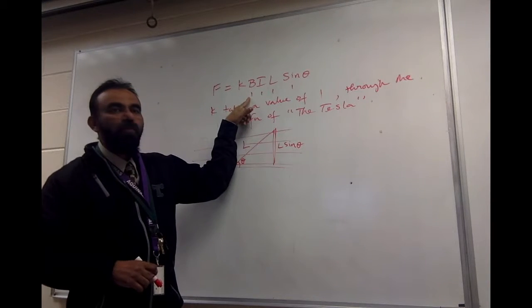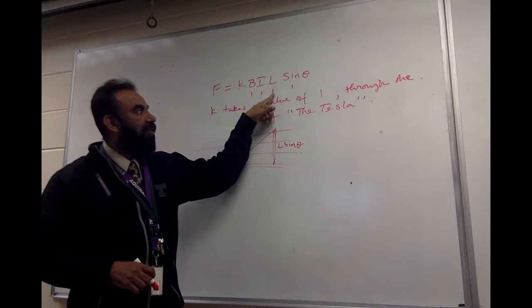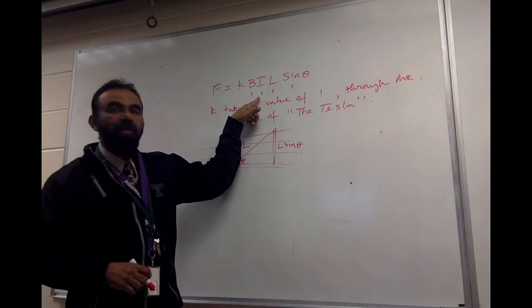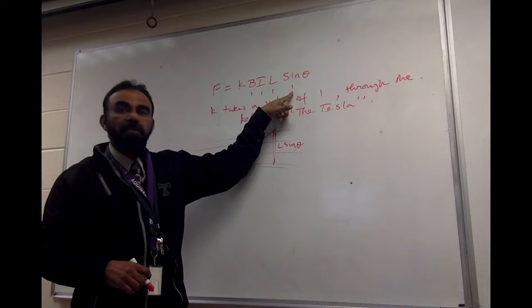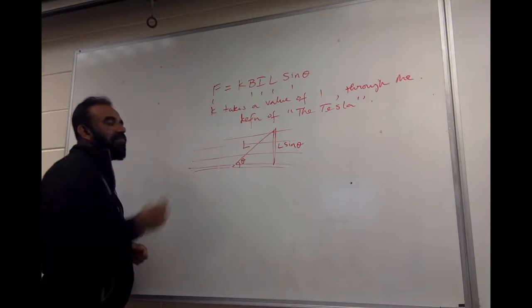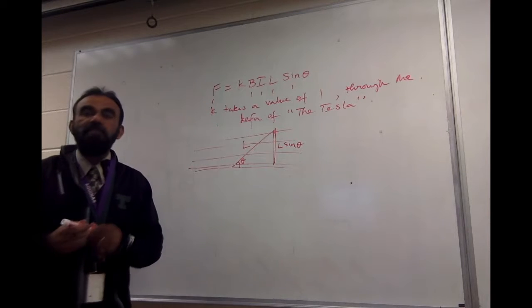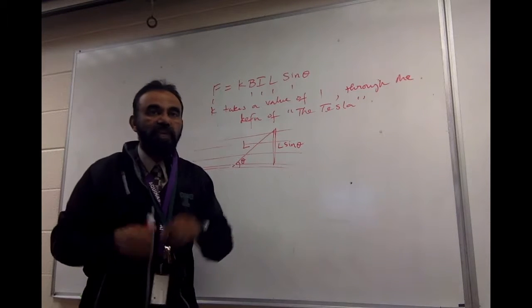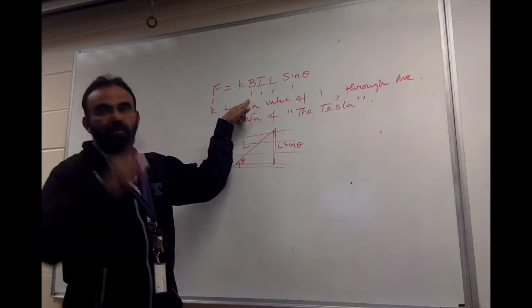Again, B is said to be 1 Tesla if a conductor of length 1 meter carrying 1 ampere, placed perpendicular to the magnetic field, experiences a force of 1 Newton. So that magnetic field is called 1 Tesla.